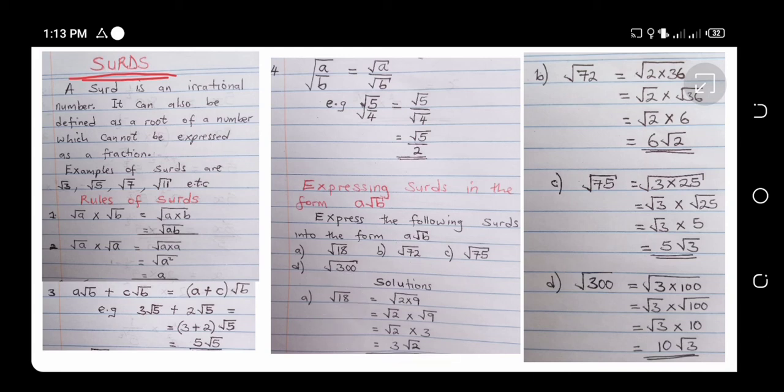Let us move away from that. We come to b. We have root of 72. So still we ask ourselves, in 72, which factor of 72 is a square number? The answer is 36. If we multiply it with 2, we go to 72. So it is going to help us.